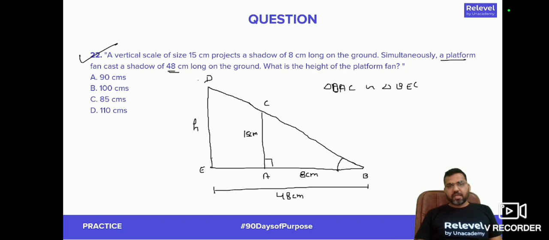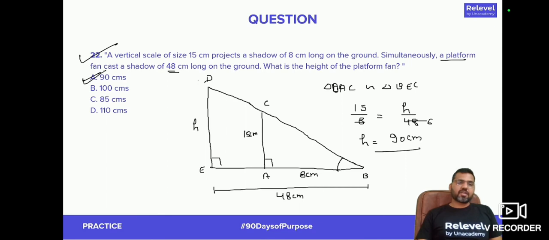Both of these two angles are 90 degree, right? So both triangles are similar. If triangles are similar, the ratio of 15 and 8 would be same as the ratio of H and 48, right? So therefore, the height of the platform fan will be equal to 90 centimeter. That's the correct answer to the question, right?